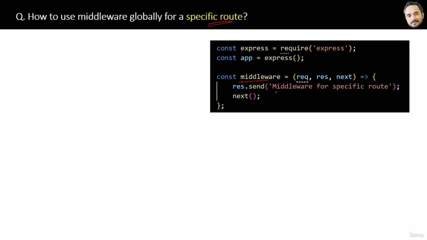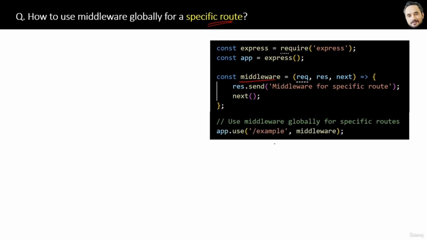For that we can use the app.use method only, but this time as the first argument we will pass the specific URL, and in the second argument we will pass the middleware name. So what does it mean? This middleware will only be executed if the request URL contains this string.